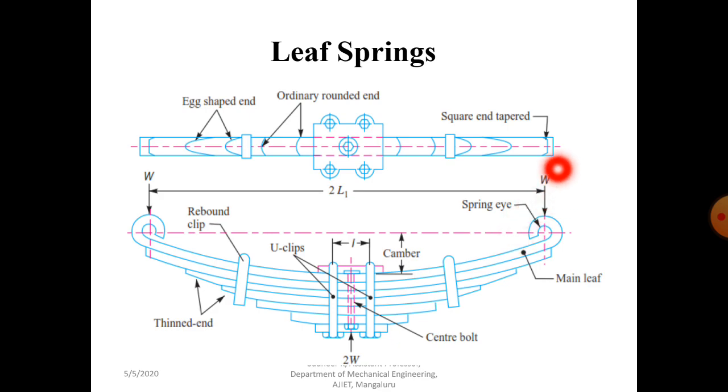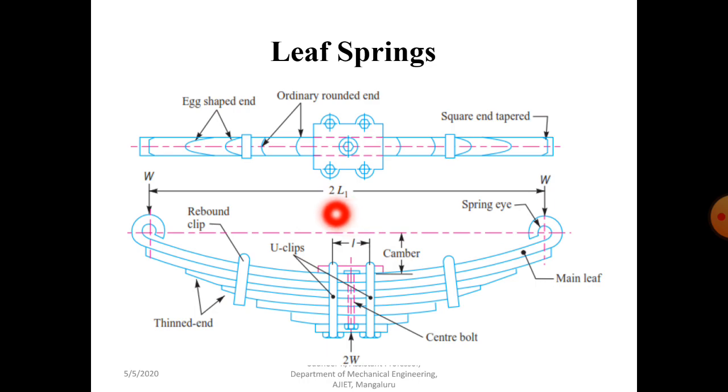In your data book it is given as F, because I have taken the sketch from another book. So instead of W we have to use F. F is nothing but the force applied at the end of the spring, usually in Newton, and they have given one length, that is 2 into L. In your data book it is given as a small letter l.